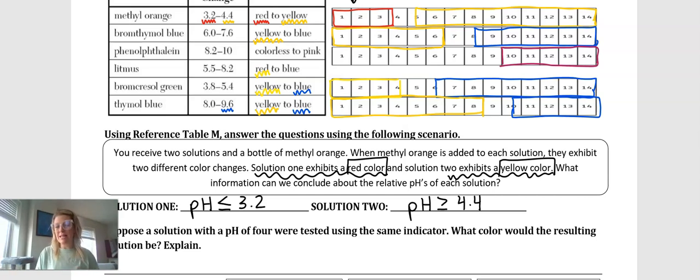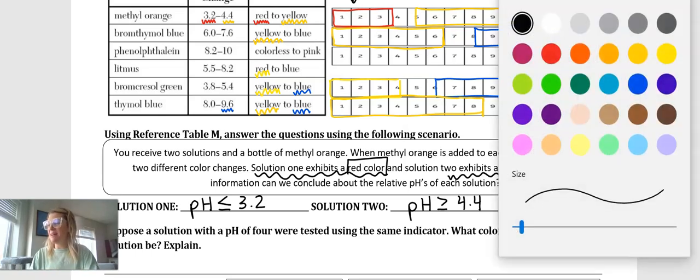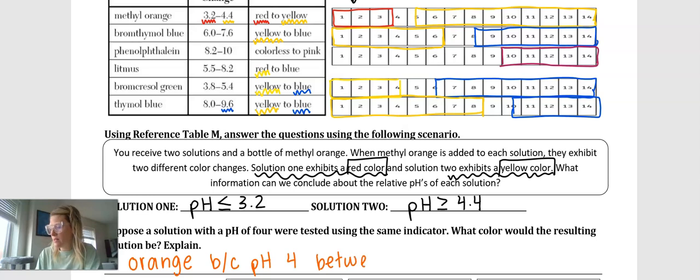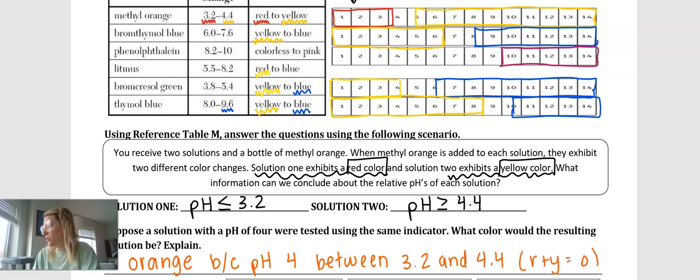And so if I were to test something that falls in the middle of that range, it's going to be a mix of the 2 colors, or it's going to be orange. So we would end up with an orange solution because the pH of 4 is between 3.2 and 4.4, and red plus yellow equals orange.